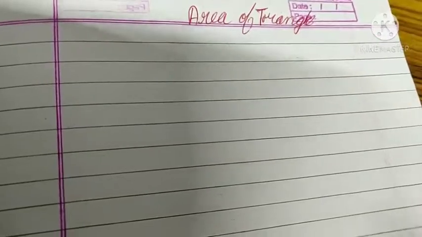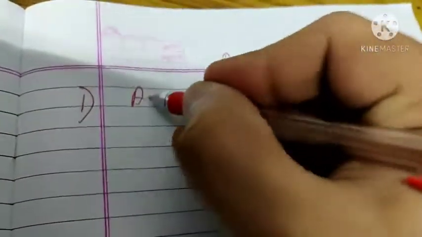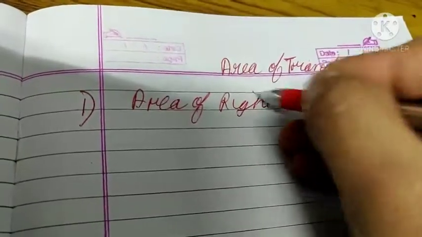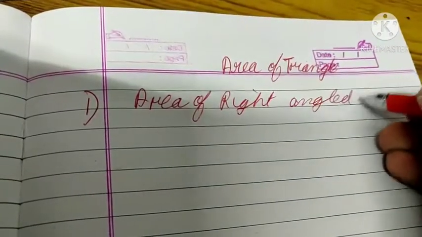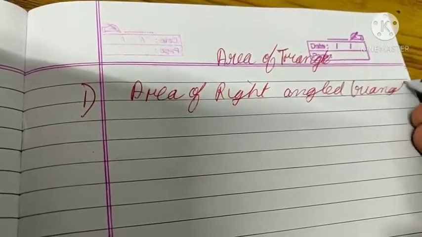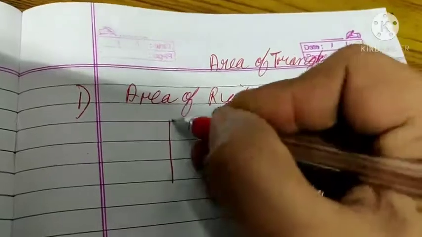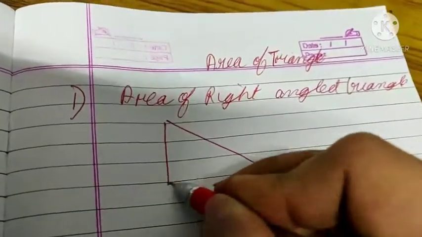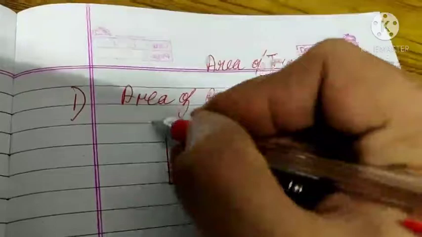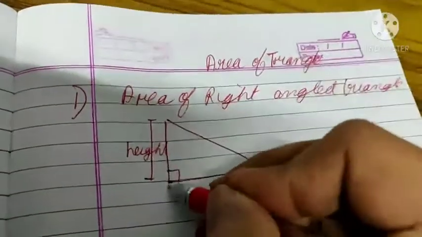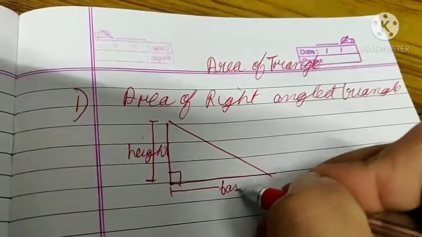So this is our next exercise, that is based on area of triangle. So area of right angled triangle. First is area of right angled triangle, means this is the height and this is the base.